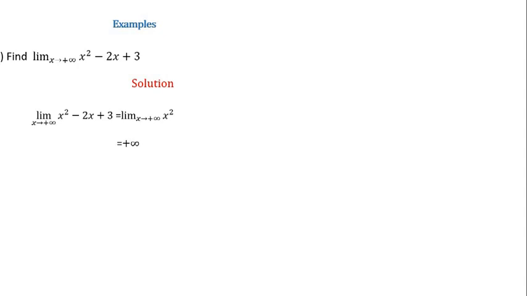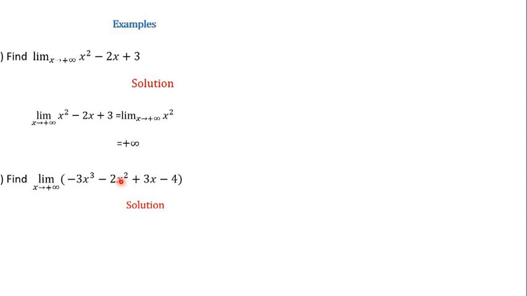Okay, let's look at another example. Example 2, find the limit as x tends to positive infinity of negative 3x cubed minus 2x squared plus 3x minus 4. Okay, let's have our solution. Now, this short trick that I want to show you, looking at this limit here, we have a cubic.